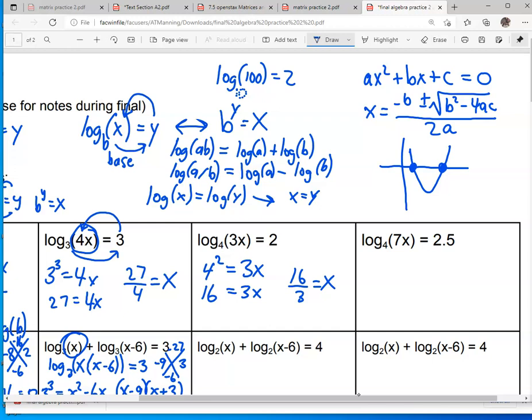There is a problem that says, given a formula like this, where's the vertex? Well, we know that halfway between these 2 zeros is my vertex, and I know the value of that vertex is negative b over 2a.